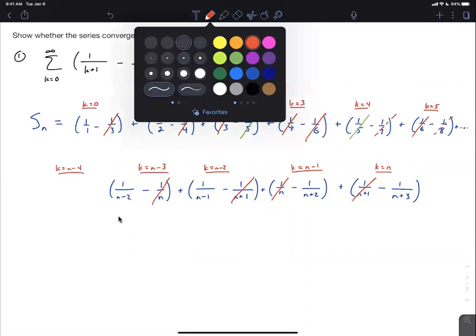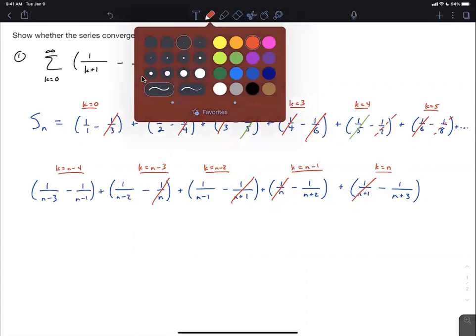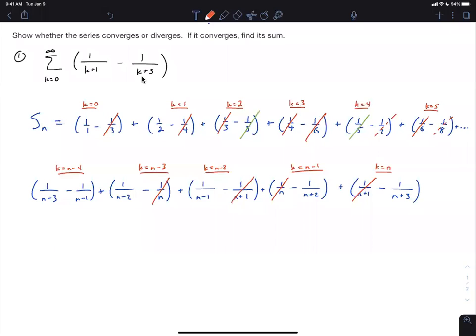So n minus 4 plus 1 is n minus 3. N minus 4 plus 3 is n minus 1. So now if we cancel again, we get 1 over n minus 1 canceling. And now this entire n minus 2 term has canceled out.